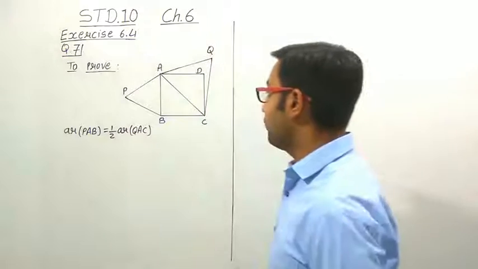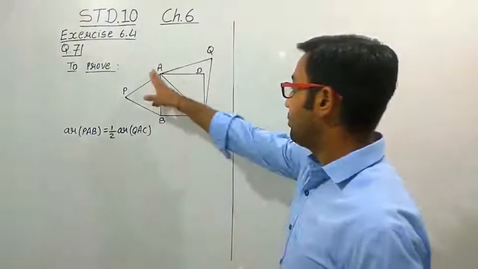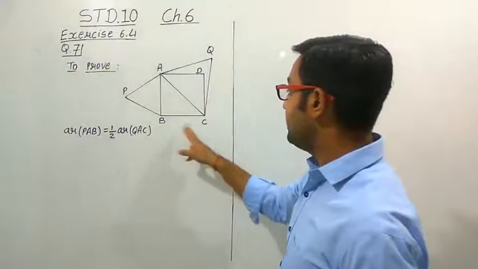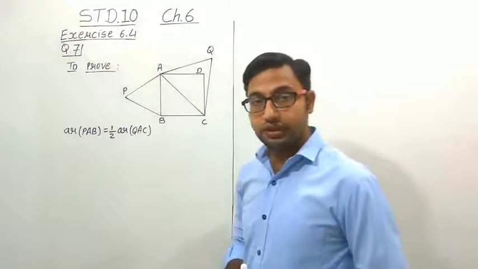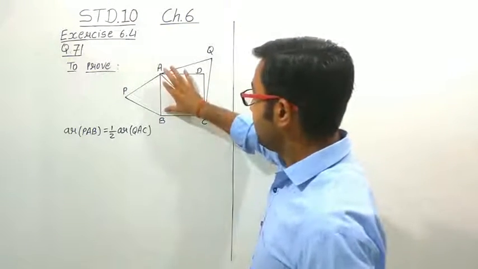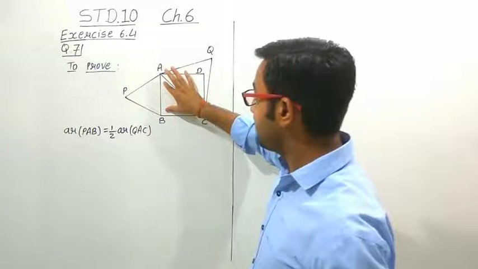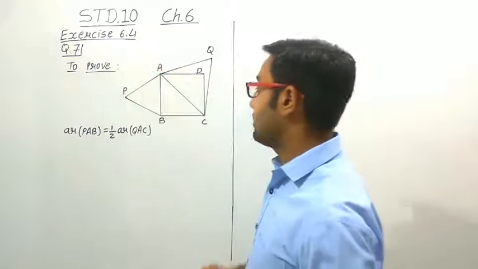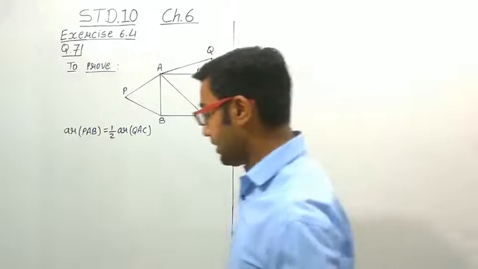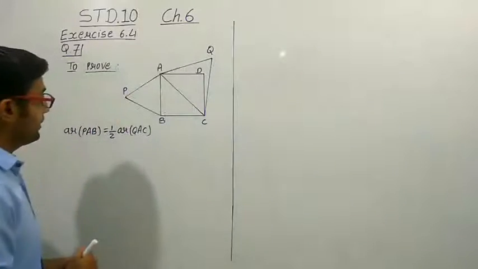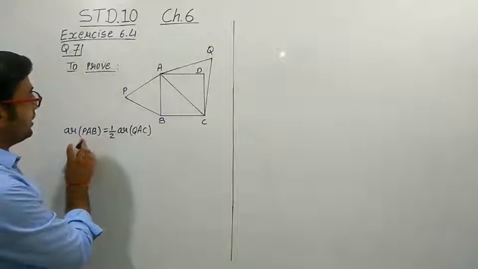So here first of all we have drawn a square, that is A, B, C and D, right? By taking the side AB, we are extending this, describing an equilateral triangle. So the equilateral triangle we have drawn here is triangle PAB.